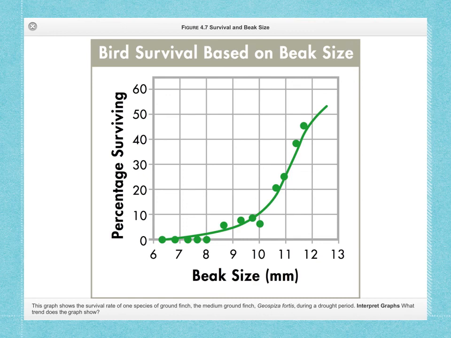The best area for survival, with the highest percentages, would be between 10 and 12 millimeters for beak size. We can look at this trend and start to see it curving down right around 12.5 millimeters. So just by looking at this graph, we can see that beak size does play a factor in survival with these finches.